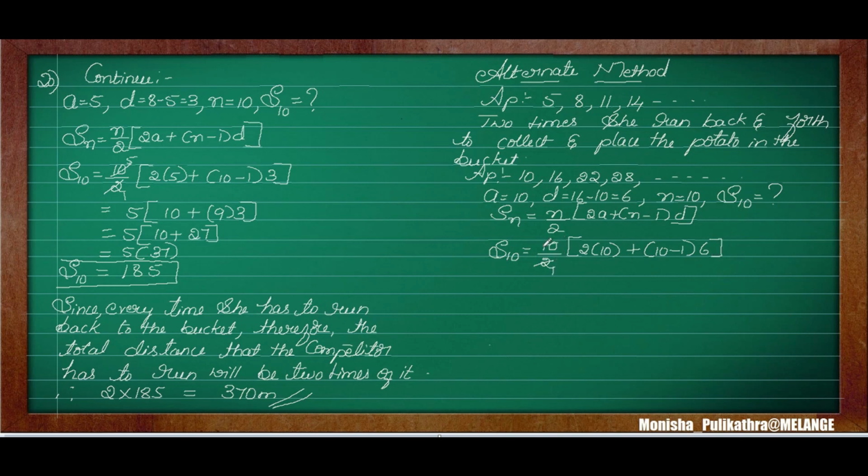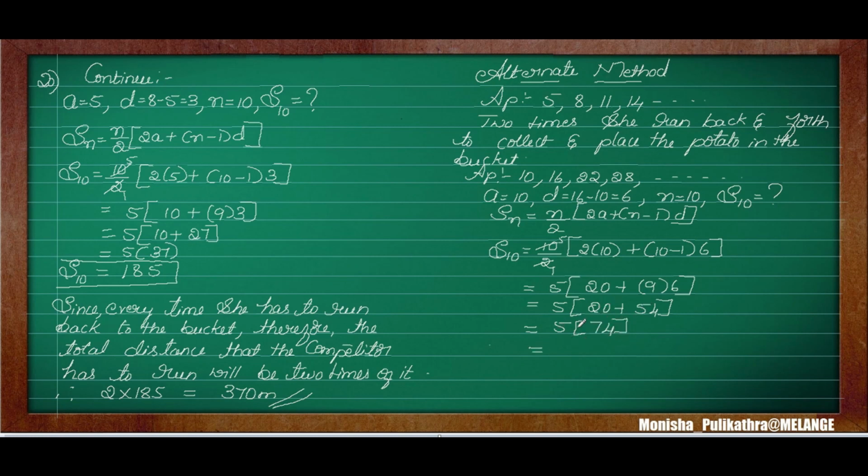So 2 ones are 2, 5 into 2 tens are 20, plus here 9 sixes are 54. Okay, so 5 into (20 plus 54), so 5 into 74.